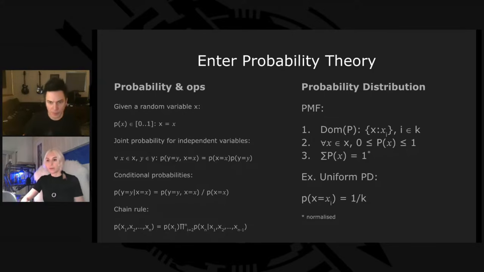Probability theory has two sides that are relevant to our further discussion. First is, what is a probability? Given a random variable x that can assume various values, a probability is a rational number within the range of 0 to 1, which represents the likeliness of that variable taking this specific value.